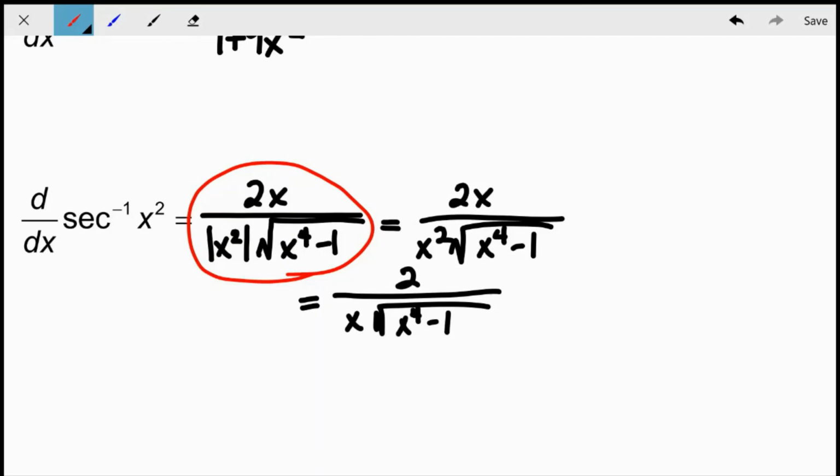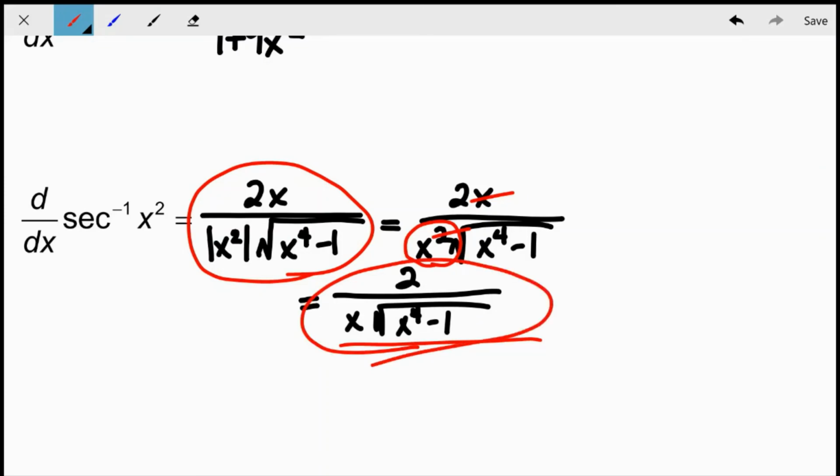And so even though this is an okay answer, if you checked your answer, you're probably going to see your answer is in that form if you have like a multiple choice or you're checking answers in the back of the book. And the reason is because I don't need that absolute value for the x squared. I can drop it, like you can see here. And once that's dropped, now I can go through and I can cancel out an x here and I can cancel out the squared there, and I get a simplified form that is equivalent to the one we started with.